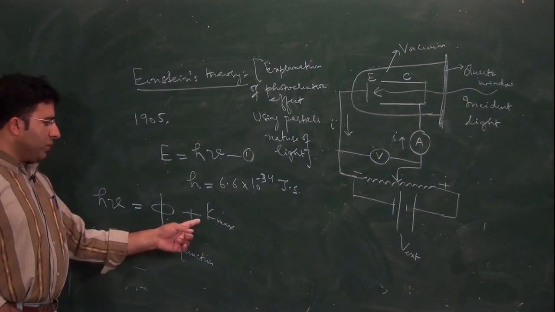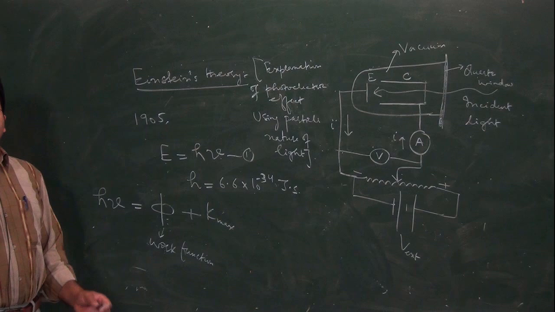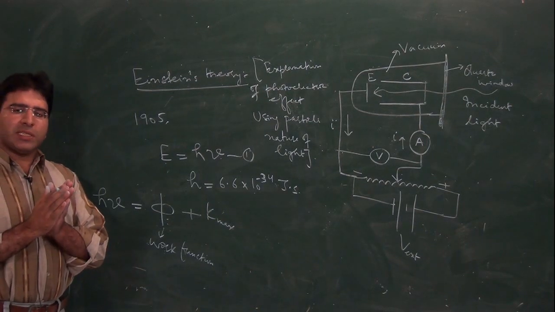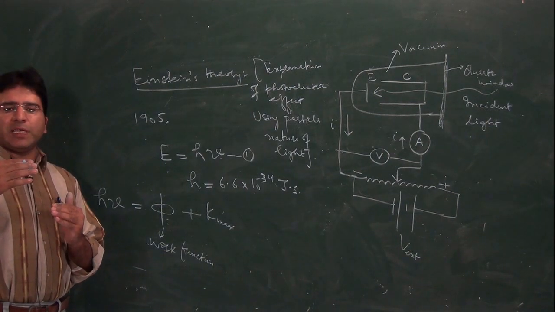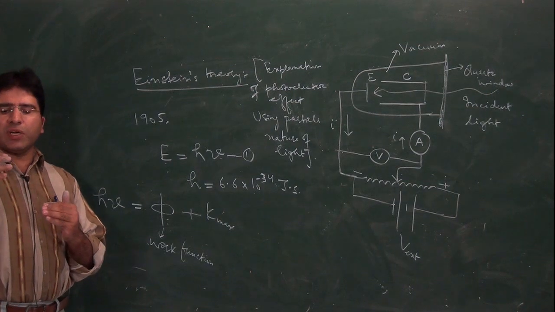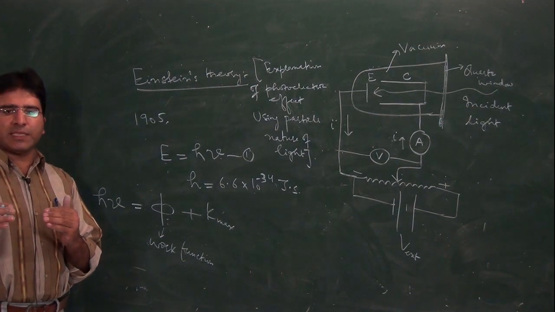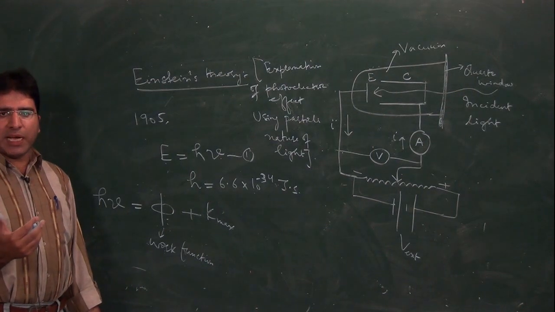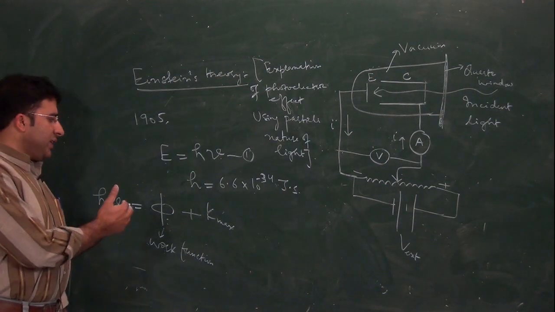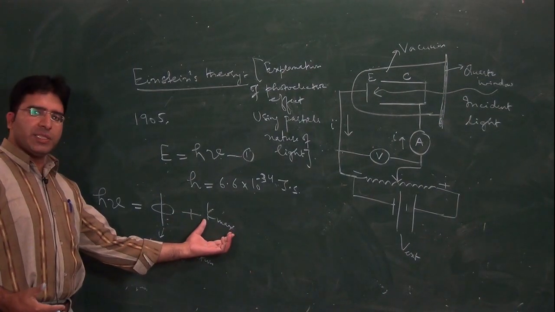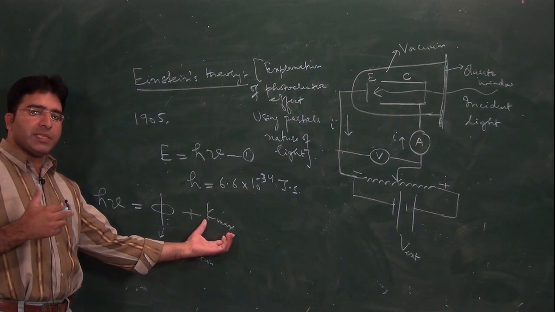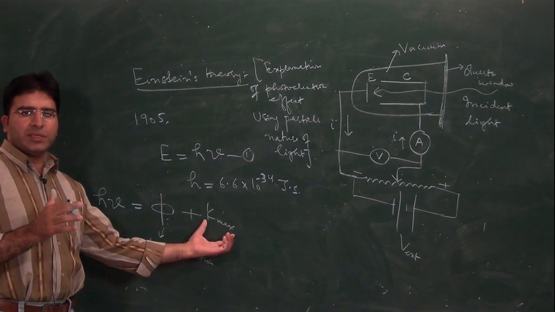And one more thing here is the idea of collisions. When the electrons come out of the metal surface, they may experience collisions with the other atoms and electrons available inside the metal, and they may lose some of the kinetic energy. The electron which experiences more collisions will have less kinetic energy compared to the electron which experiences fewer collisions.